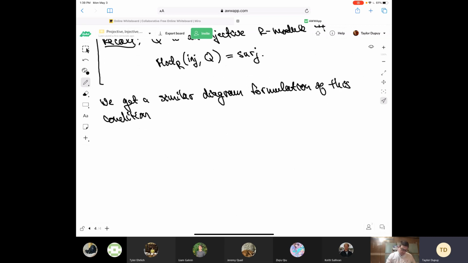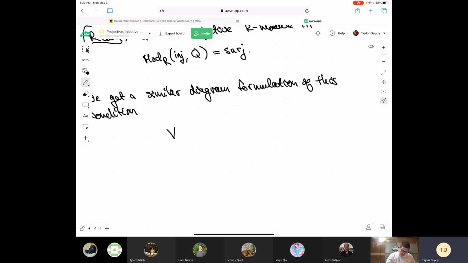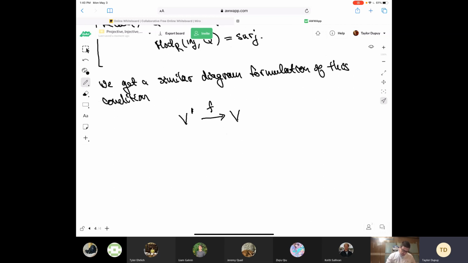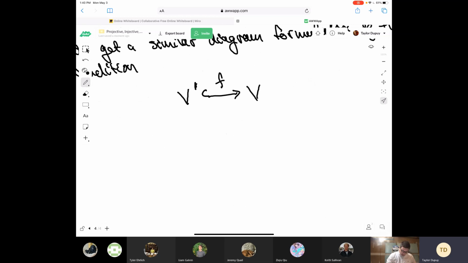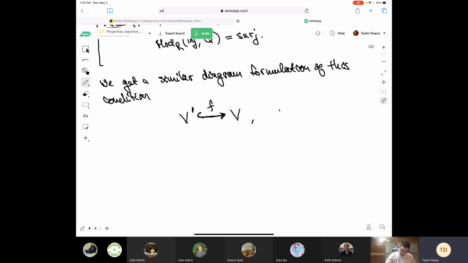So given that this is an injection, V prime to V here, let's call this F. Let's suppose that this is an injection.